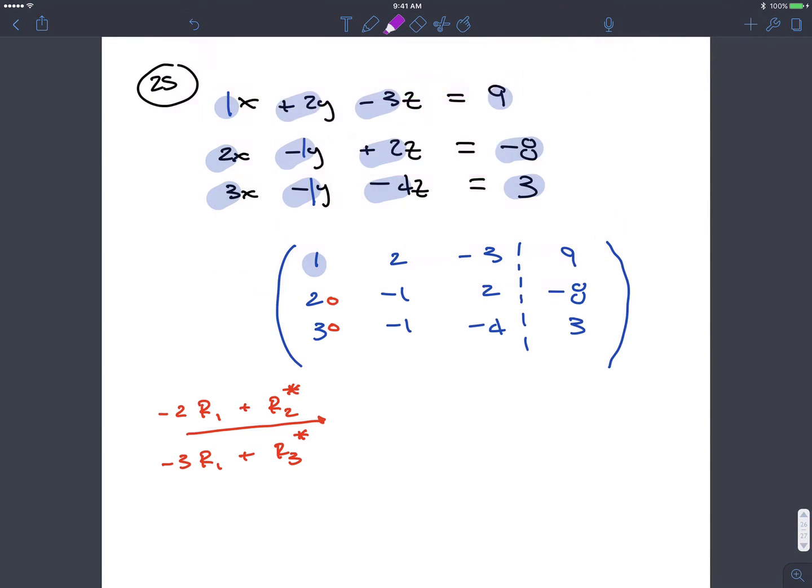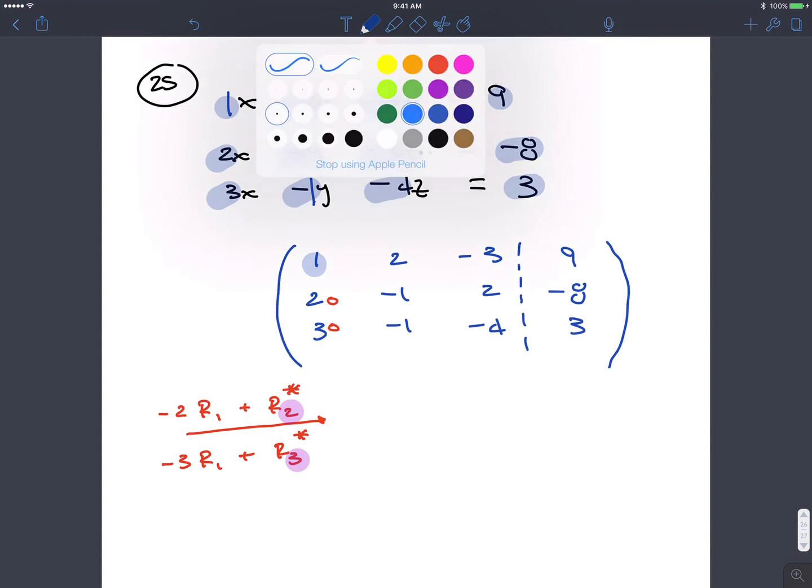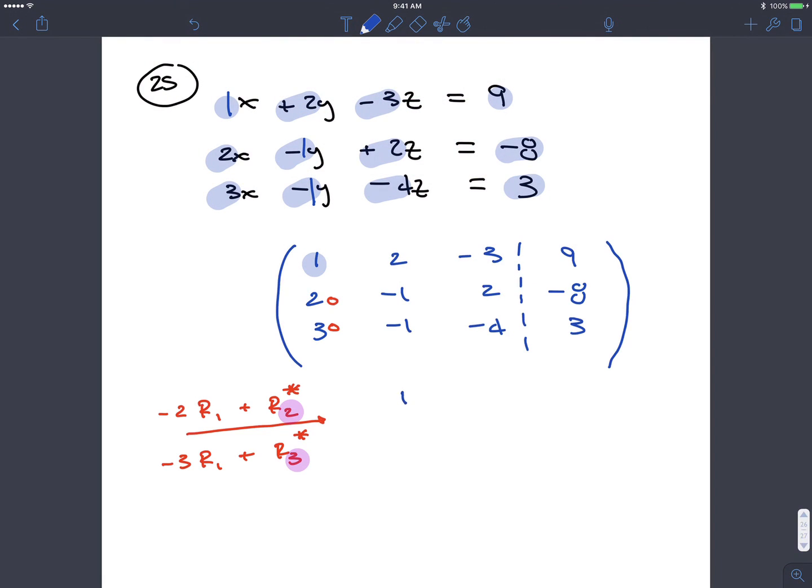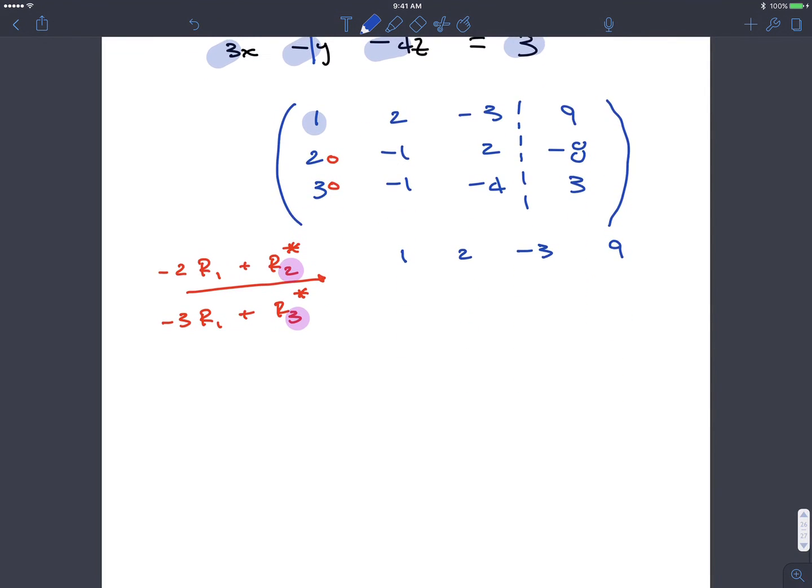Now notice I'm changing row 2 and row 3. What that means is I'm not changing row 1. So since I'm not changing row 1, let's write down the entries: 1, 2, negative 3, positive 9.